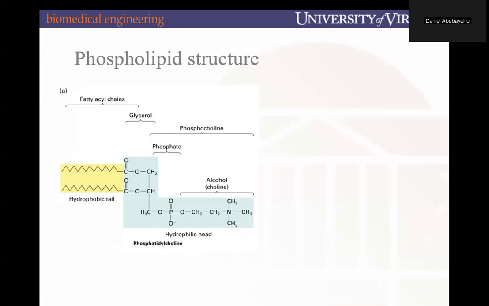So these phospholipids that make up the lipid bilayer have a few key components here. We have a fatty acid chain that's a long hydrocarbon molecule, and it's incredibly hydrophobic. So this is a hydrophobic tail called a fatty acid chain. We have a glycerol molecule and a phosphate group here. These three pieces, the fatty acid chain, glycerol, and phosphate, are ubiquitous across all phospholipids.